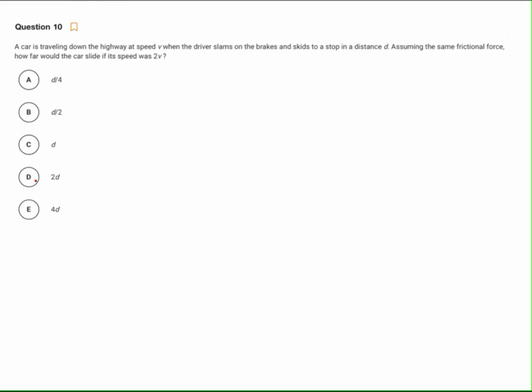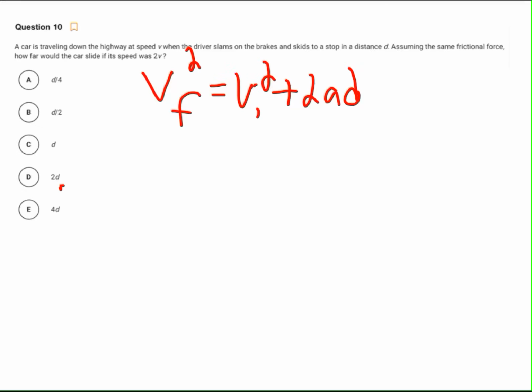if we look at VF squared equals VI squared plus 2AD. Now, if we start off with VF squared being 0, VI being 1, 2 times 1 times D. Now, I'm going to make this -1 technically, because we're just doing a comparison method question.